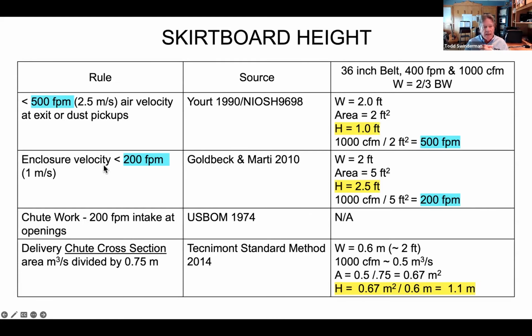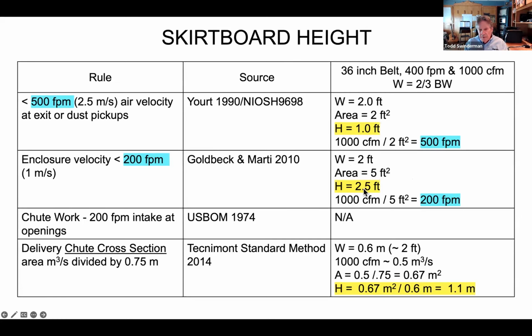Now, if I'm looking at passive dust control, where I want the dust to settle out as much as possible before it exits, then most of the rules are somewhere around 200 feet per minute, or 1 meter per second, as the maximum air velocity inside your enclosure.